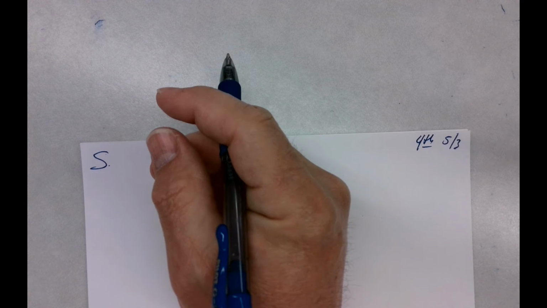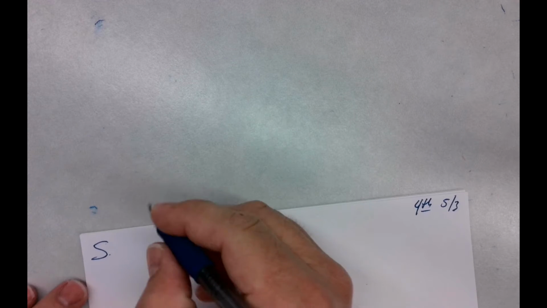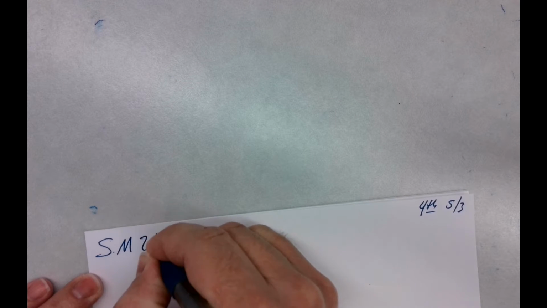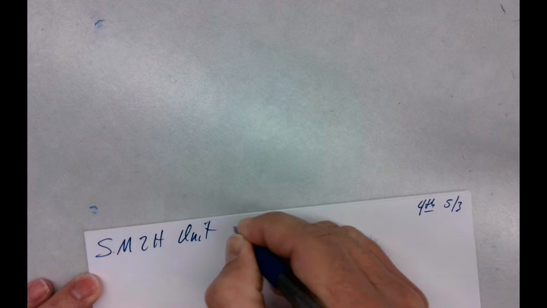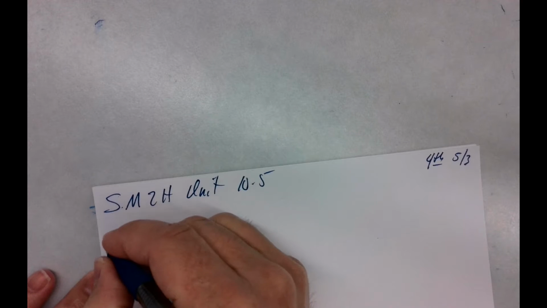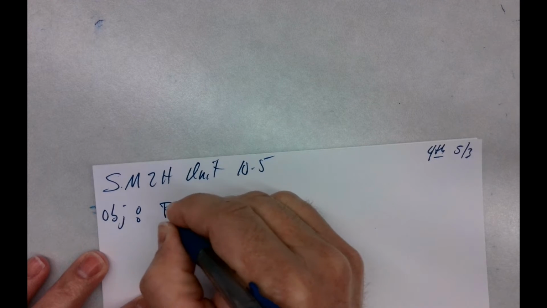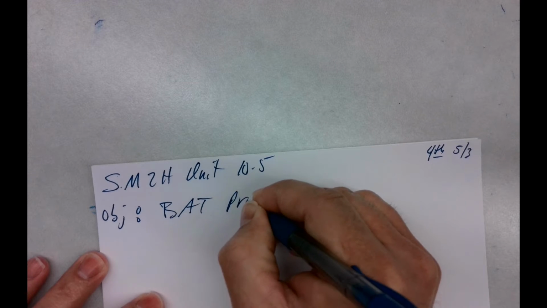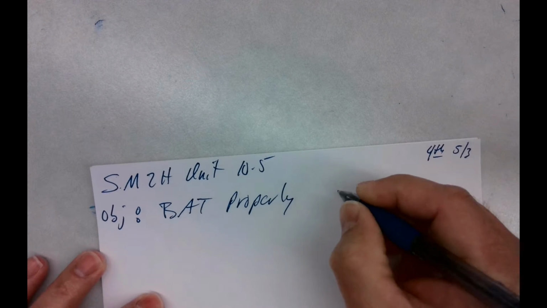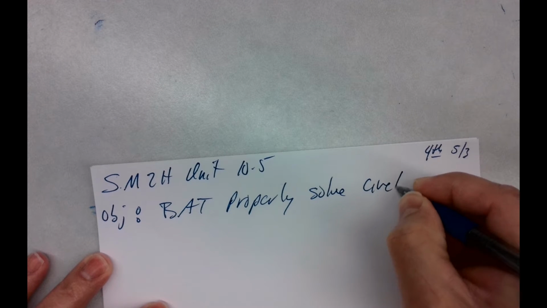We're going to cover section 10.5 today. This is SM2H unit 10.5, and our objective is to continue to be able to properly solve circles.